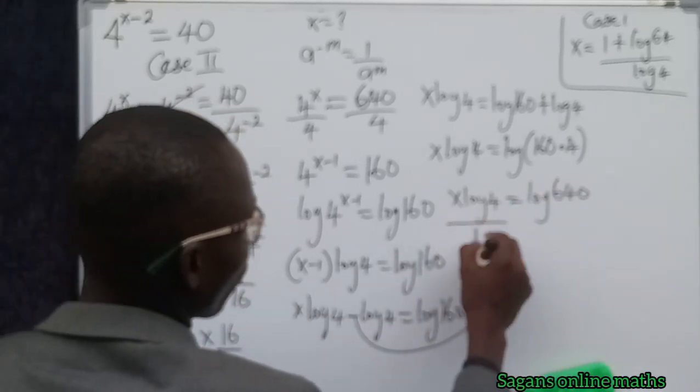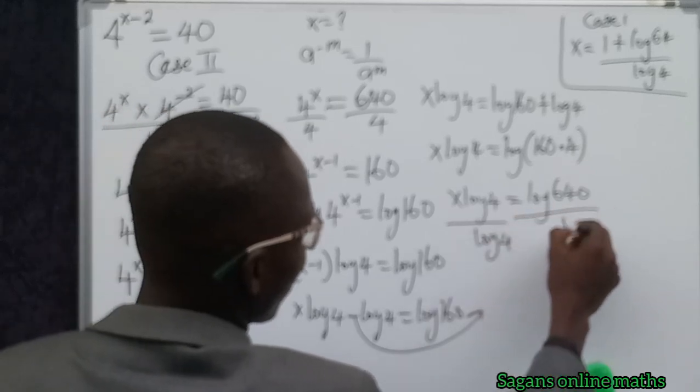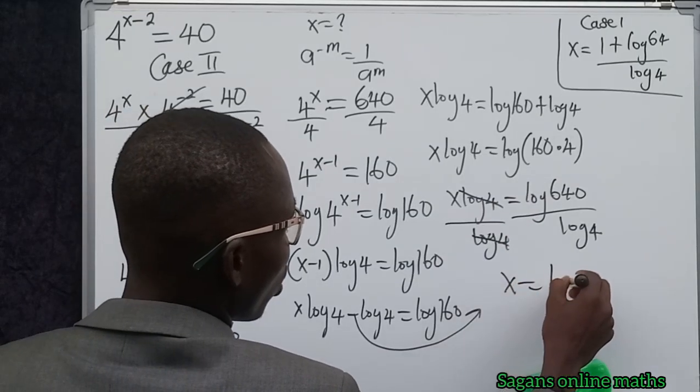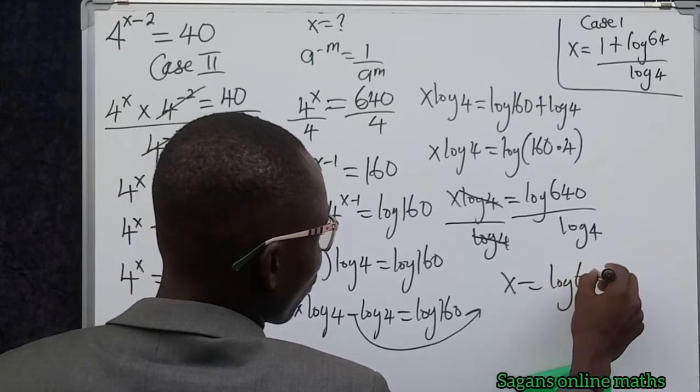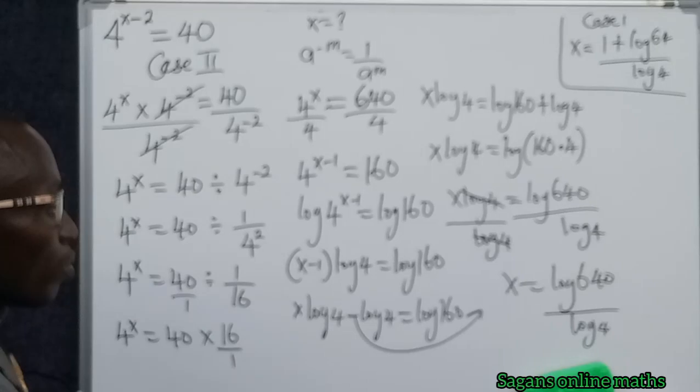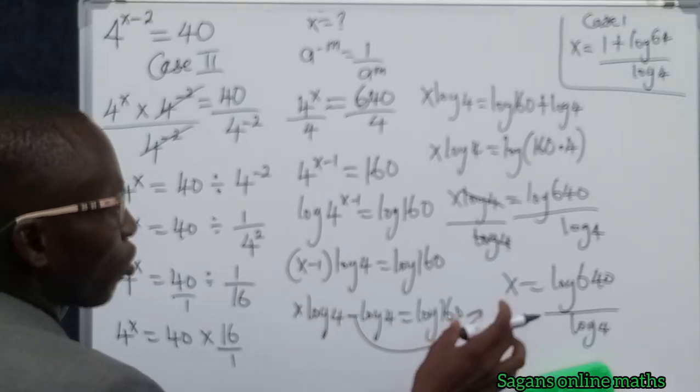So if we divide here by log 4 and divide this by log 4, now this will cancel out this. You see that x is equals to log 640 divided by log 4. Wow, this is amazing. So this is another value of x.